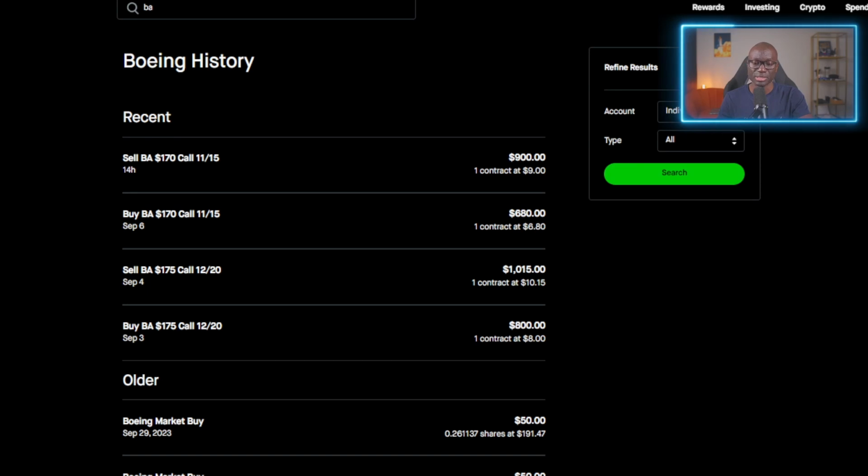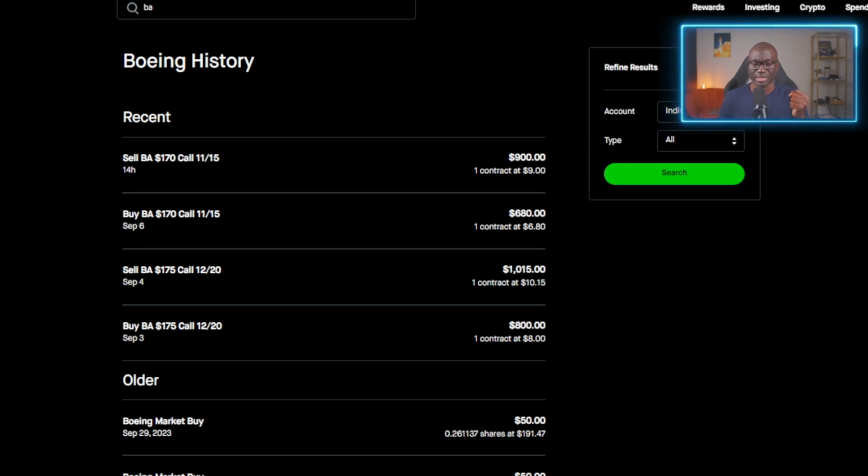One contract means that if at the time of expiration, Boeing's stock is actually trading at 175 and above, then since I'm buying it, I have the right to exercise the contract. In this case, I can actually buy 100 shares of Boeing at 175. But my intention isn't to buy 100 shares of Boeing.